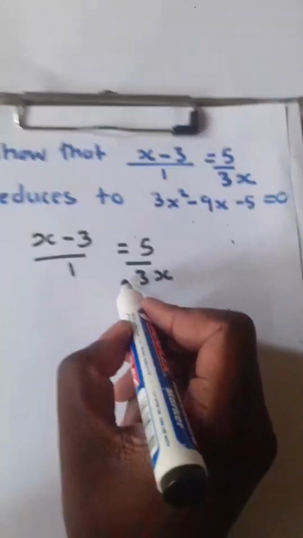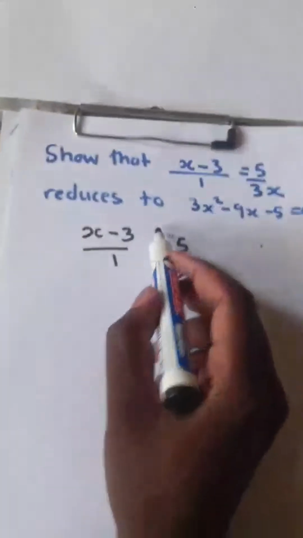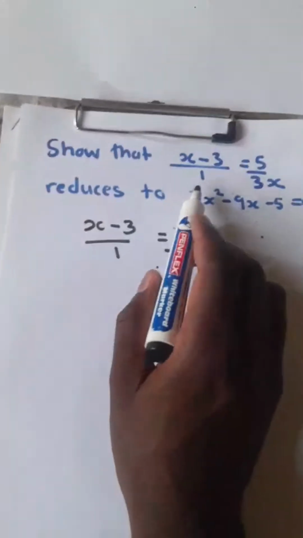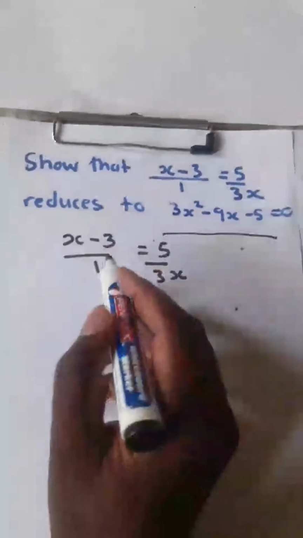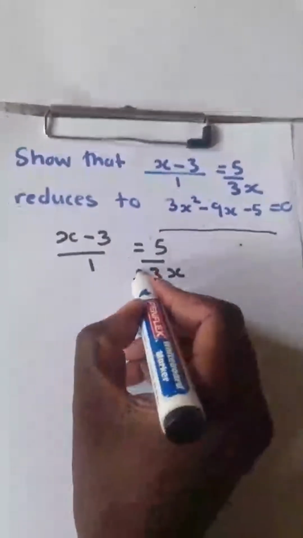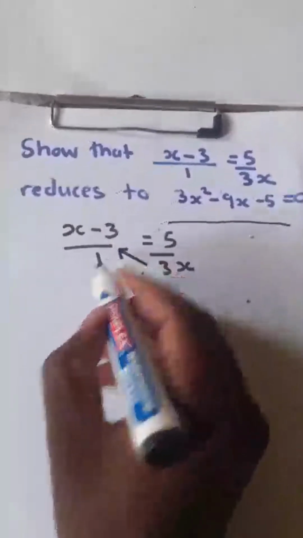Let's prove that if we work out this equation, we end up with 3x squared minus 9x minus 5 is equal to 0. So we're going to cross multiply.